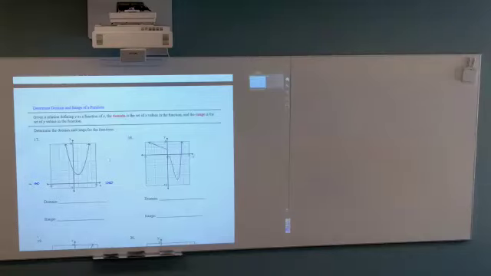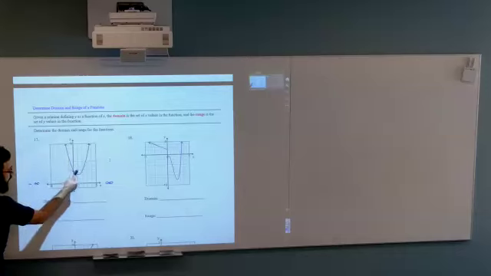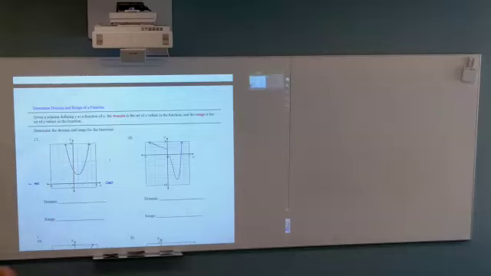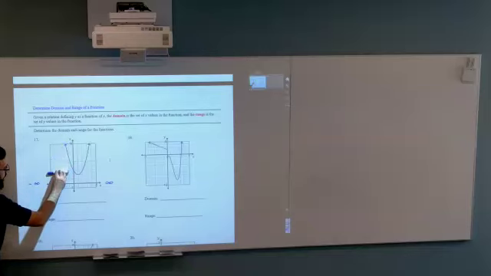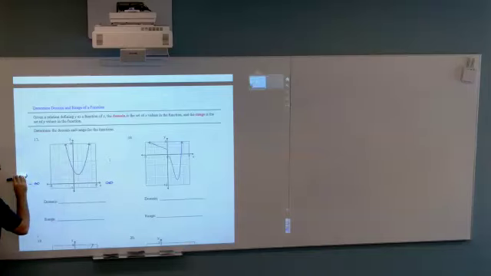So just visualize a little bit. Each point on the graph has x and y. If I took the graph from this side and put it on the x coordinate, the graph from this side goes to negative infinity.